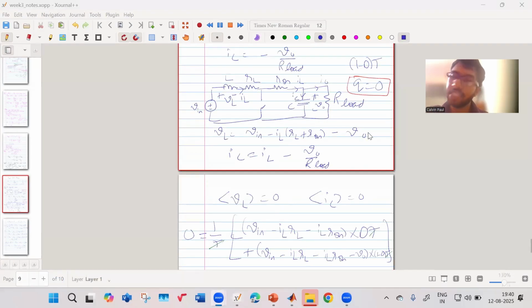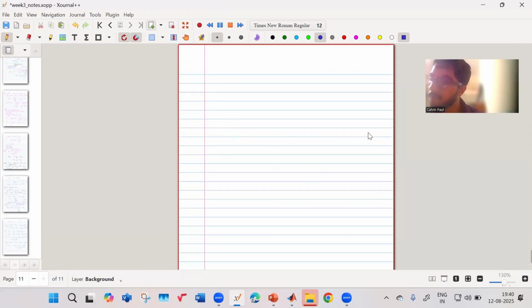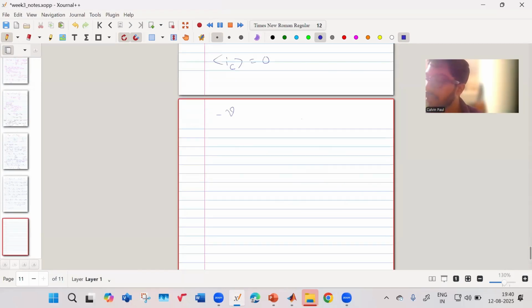Similarly, my average IC is 0 for the capacitor. So minus V output by R load into D, plus IL minus V output upon R load into (1 minus D), all equal to 0.